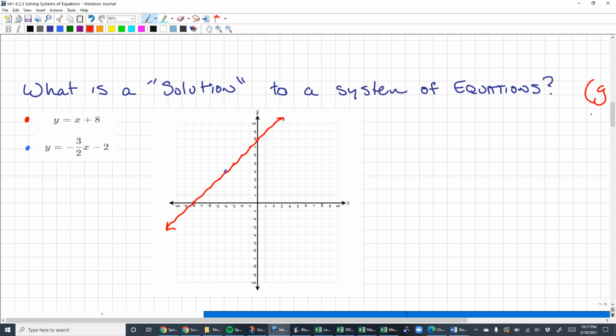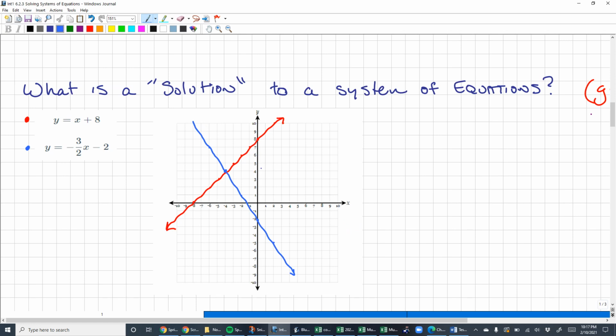That's one of my lines. The other line right here is in blue, starts at negative 2, and it goes down 3 over 2, up 3, back 2, up 3, back 2, up 3, back 2. And this is going to be my other line. All right.